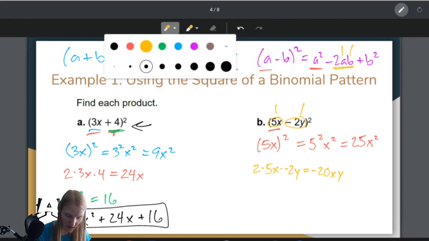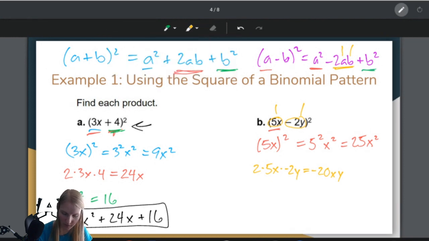And now it is time for the last term, for the b squared. So all we're going to do is take the second term, the negative 2y, and square it. And remember, that means that everything, the negative 2 gets a square, and the y gets a square.